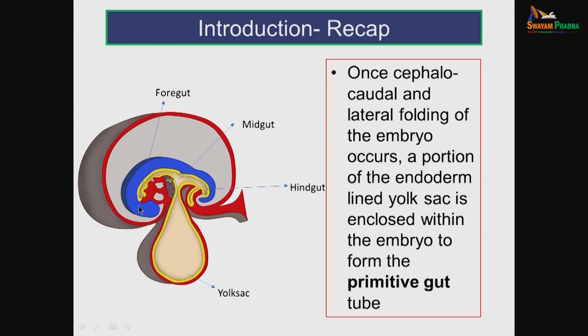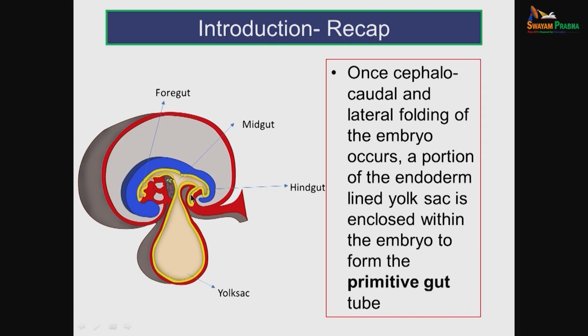This is the cranial end of the embryo and this is the caudal end. There are three subdivisions of the primitive gut tube: this is the foregut, this is the midgut which is in continuation with the yolk sac, and this one will be the hindgut. Please focus on the hindgut.